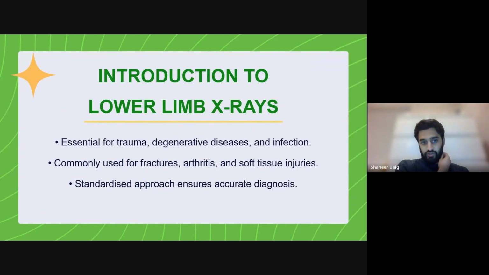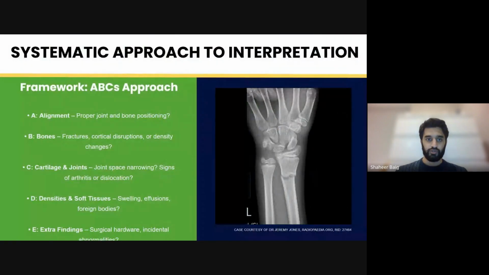So just a brief introduction. We can use X-rays in the lower limb to look for trauma, degenerative joint disease, as well as infection. We can look for fractures, arthritis, soft tissue injuries, and it's important to have a standardized approach so we can come to a robust diagnosis.